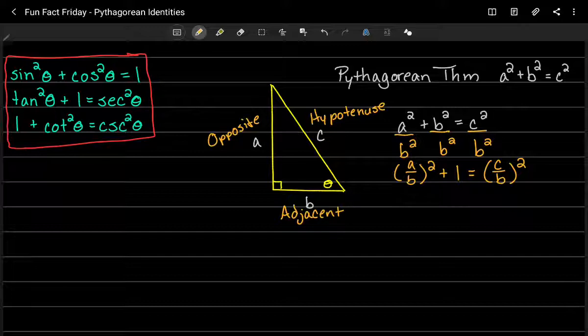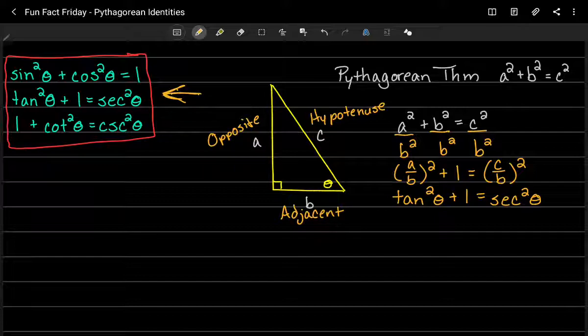But A is opposite, B is adjacent. Opposite over adjacent is the same thing as tangent of theta, so we get tangent squared theta plus 1. C over B is hypotenuse over adjacent, which is the same thing as secant. And again, we have that square on there.